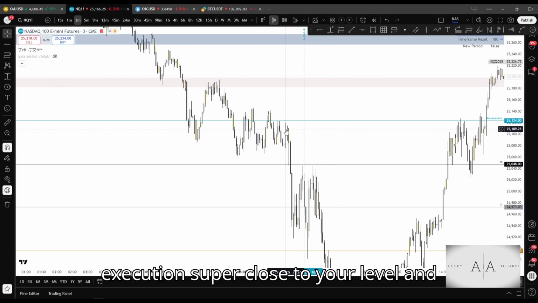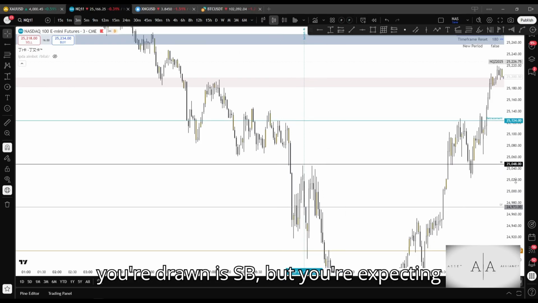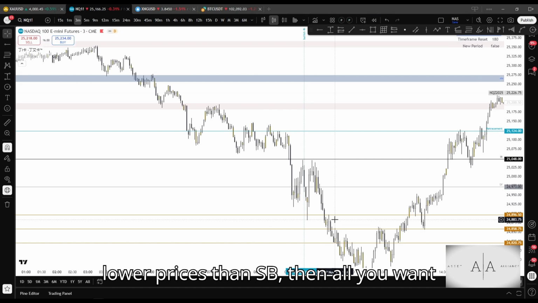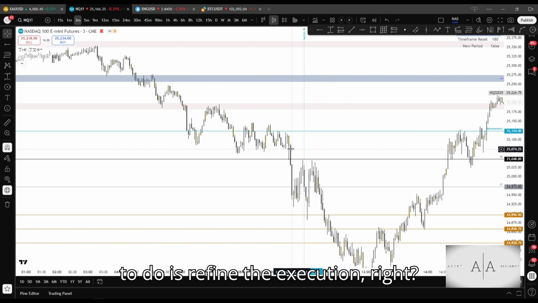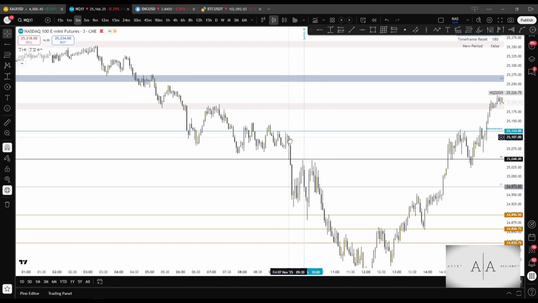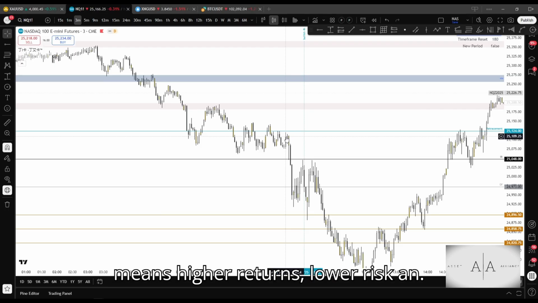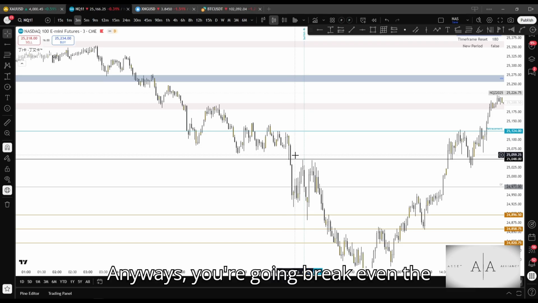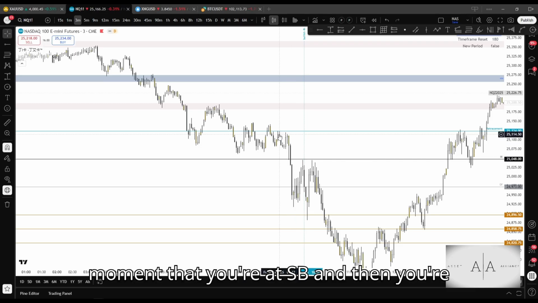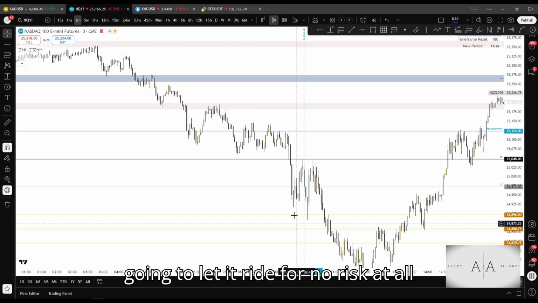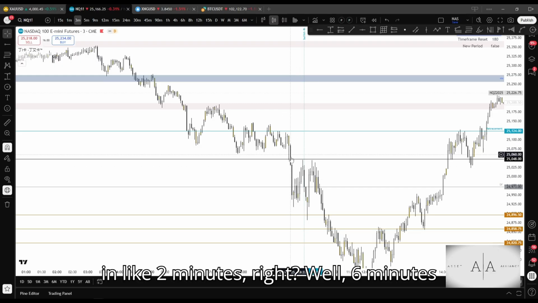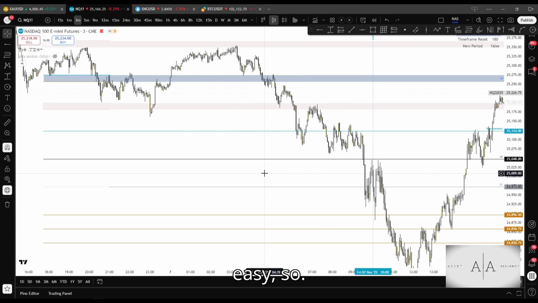If you get a good execution super close to your level, and your draw-on is SB, but you're expecting lower prices than SB, then all you want to do is refine the execution, right? Refining the execution means higher RR, means higher returns, lower risk, and anyways, you're going break even the moment that you're at SB, and then you're gonna let it ride for no risk at all in like 2 minutes, right? Well, 6 minutes technically. It's nothing, right? Super easy.